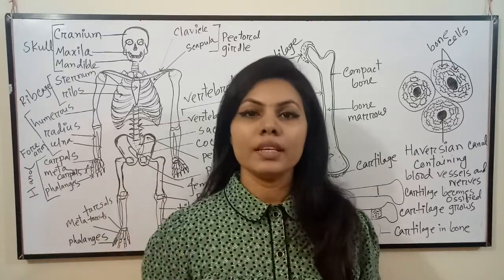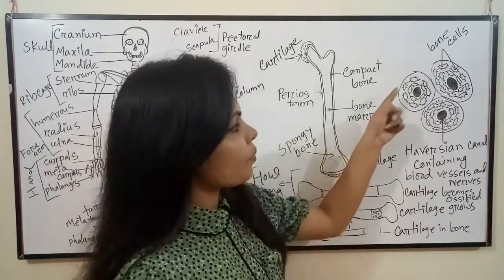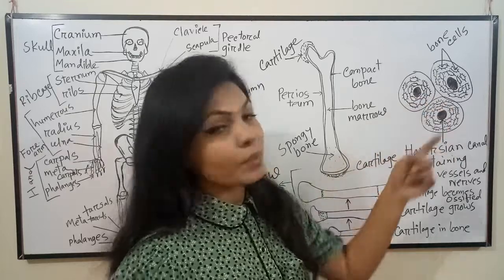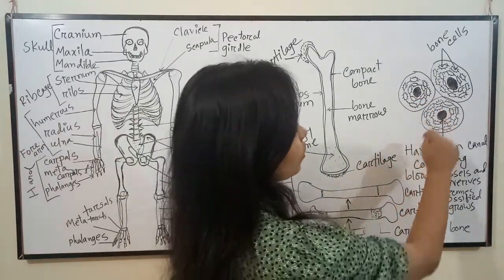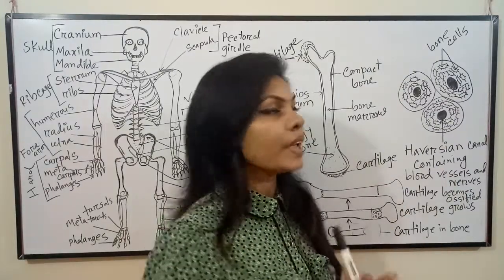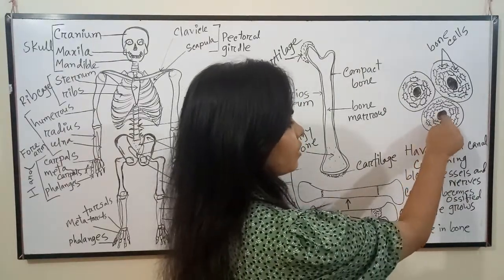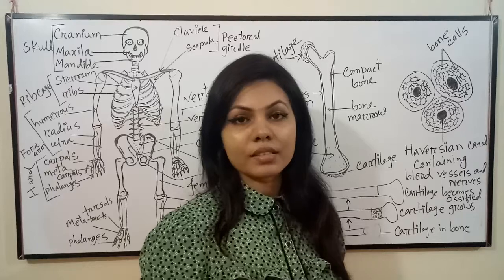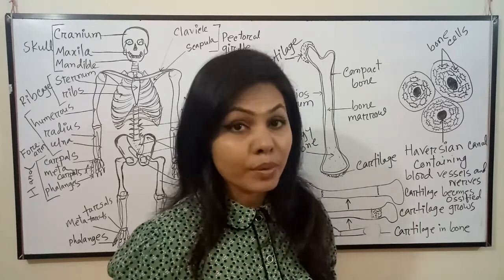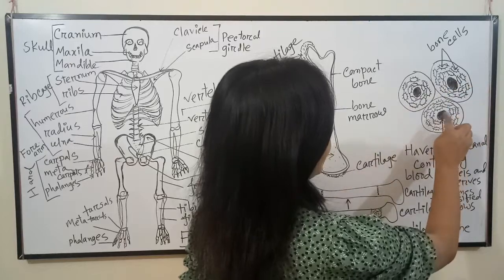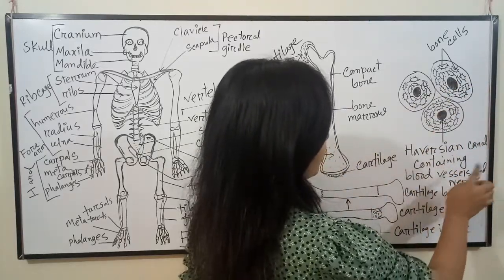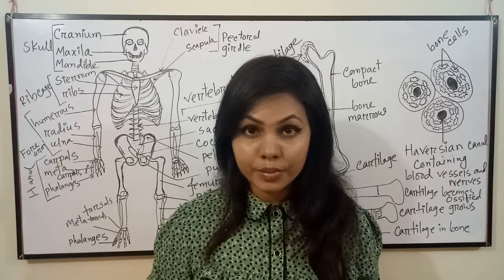The osteocytes arrange themselves in a ring called the Haversian system around a canal. This Haversian canal contains blood vessels and nerves.